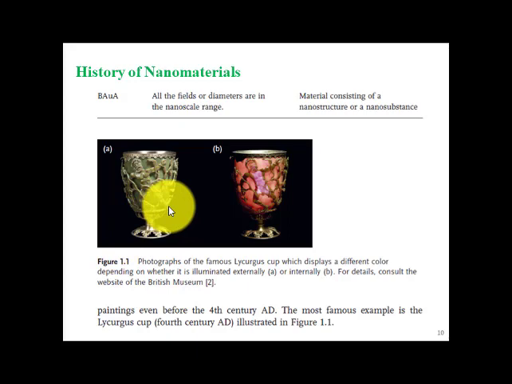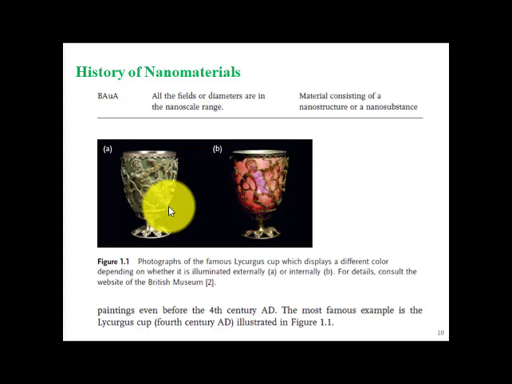just like it is shown in figure A and figure B. In figure A it is a green cup and it turns to a glowing red color when light is shone through it internally. In other words, light is incident on the cup at 90° to the viewing direction.